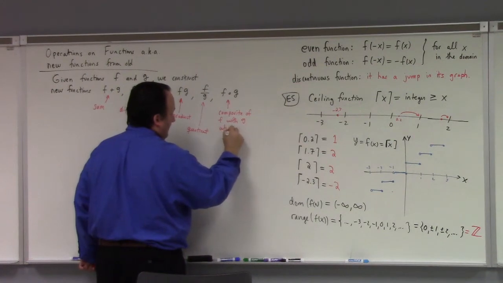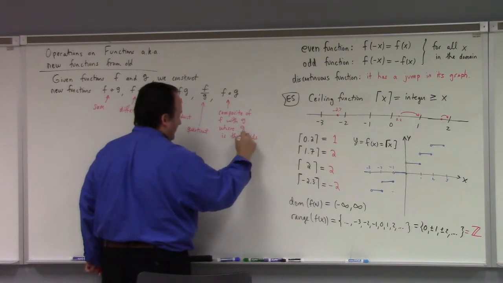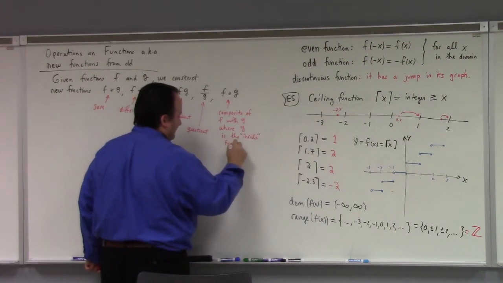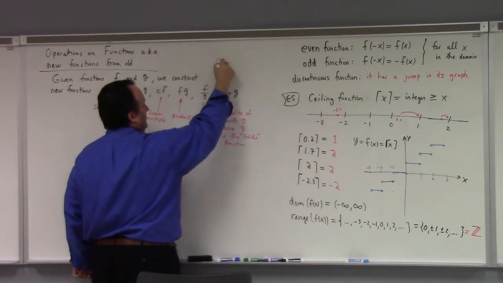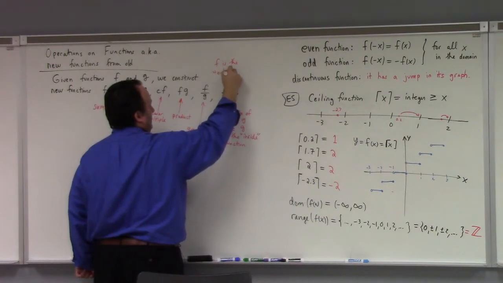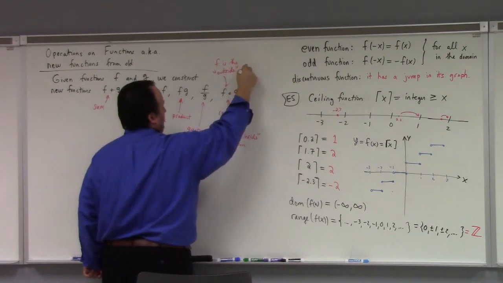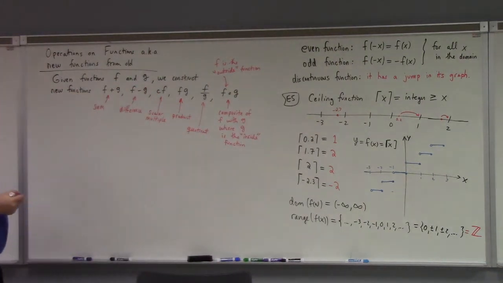where g is the inside function, all right? And by the way, f is the quote-unquote outside function. So when you're understanding the composition of two functions, it is critical to understand which is the outside function and which is the inside function.